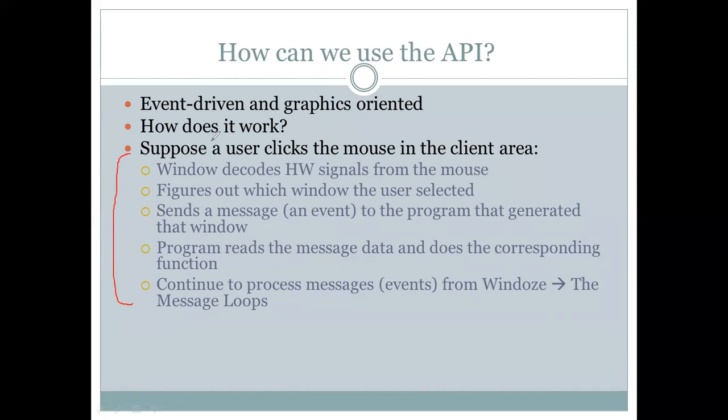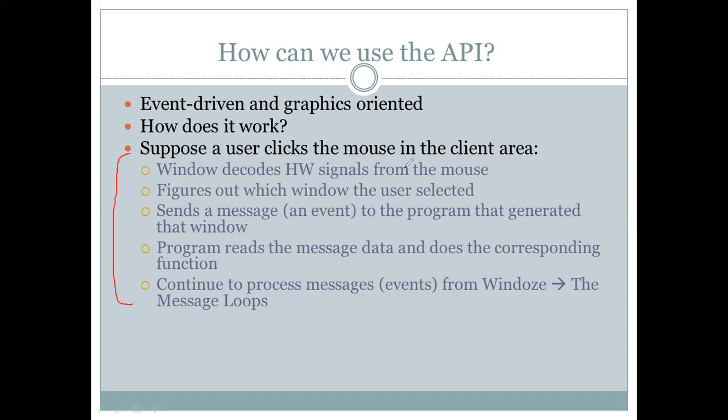What events does it perform? First, Windows decodes the hardware signal from the mouse.